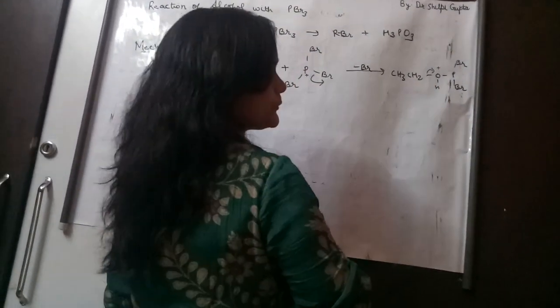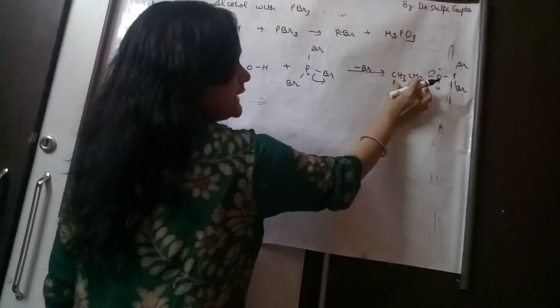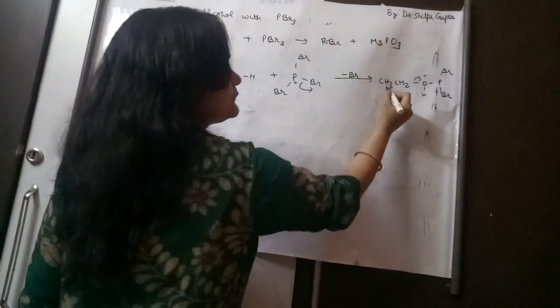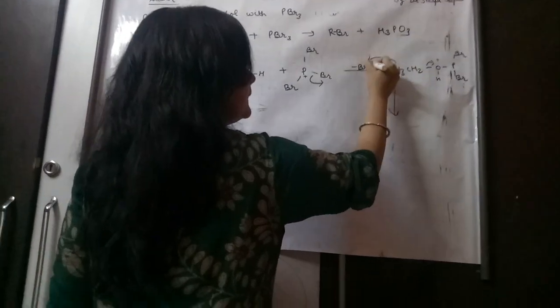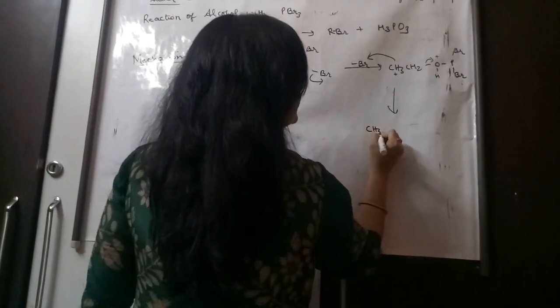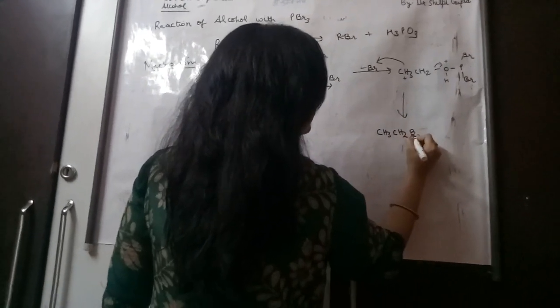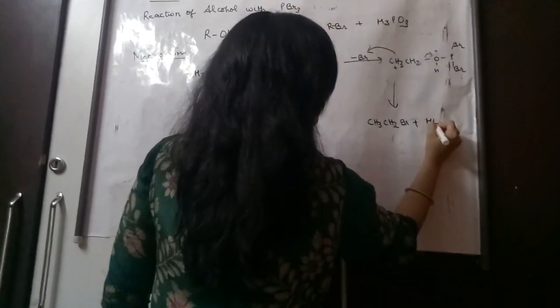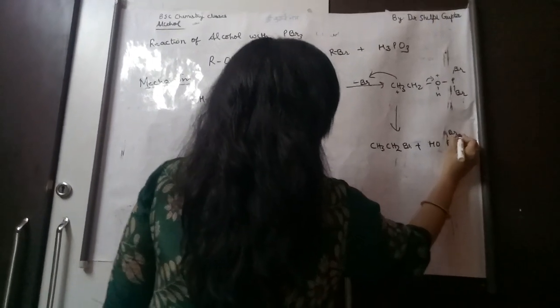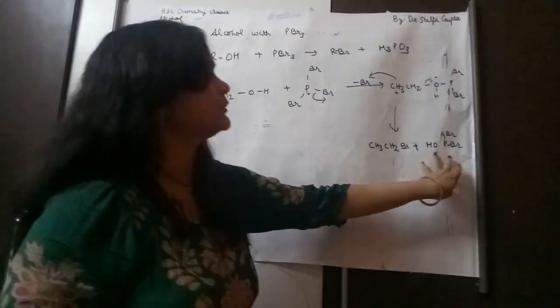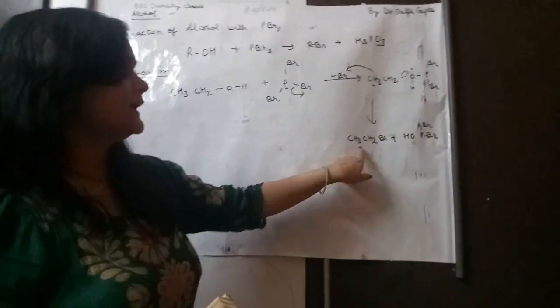When it takes the lone pair of electrons from here, this alkyl group will get free and it will get positive charge. So it will attack the Br nucleophile. Okay. So what will form is CH3CH2Br plus an intermediate compound, a molecule like this, and alkyl bromide will form. How does the reaction happen?